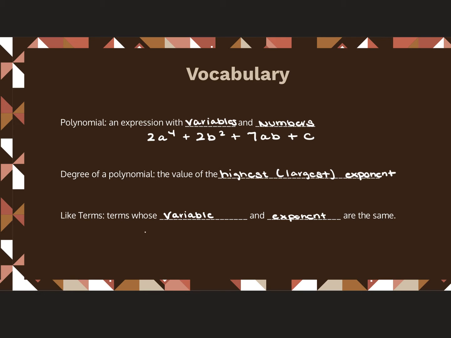So for example, we know that 2x and 5x are like terms. We know that 2xy and 14xy are like terms. A cubed and 2a cubed. I don't know why I keep using 2, but those are the first ones that are coming to my head. So you can see in all these examples, the variable is the same as well as the exponent.